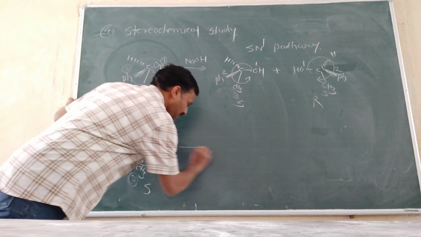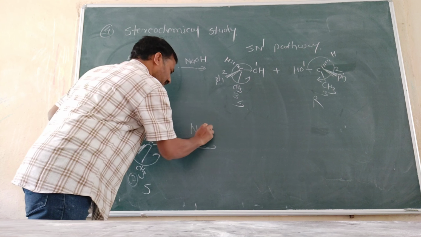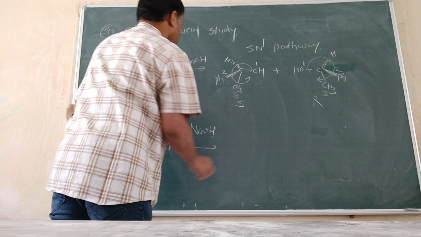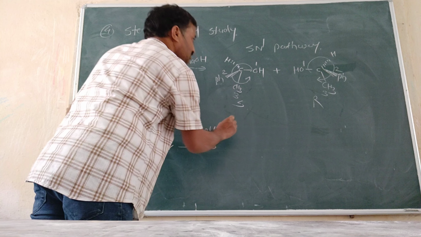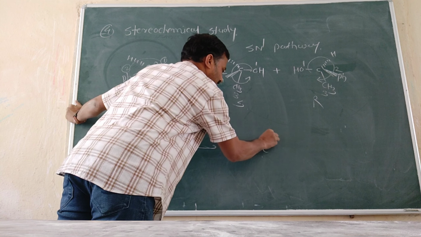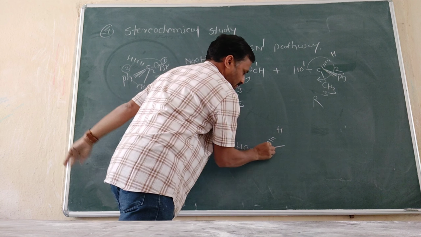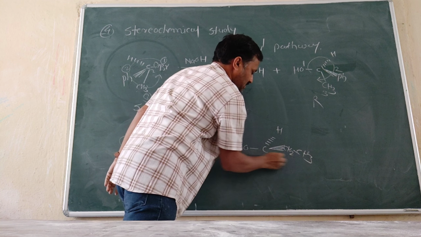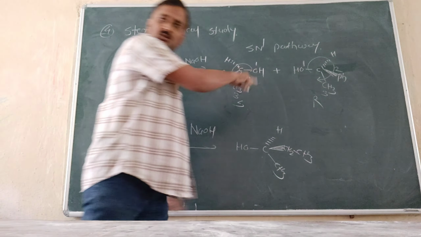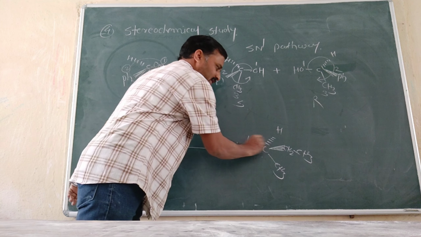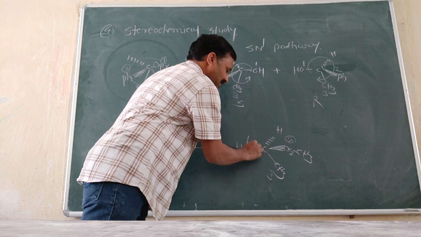Reaction with alkali. That is, we get CH2, CH3 and CH3. What is the configuration of this alcohol? First priority, second, third, 1, 2, 3.